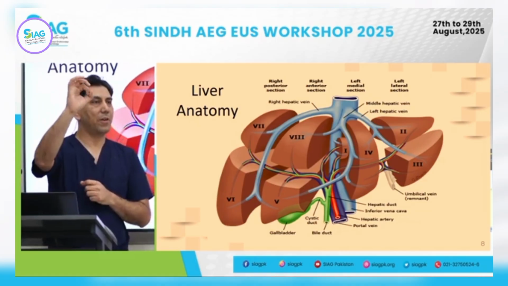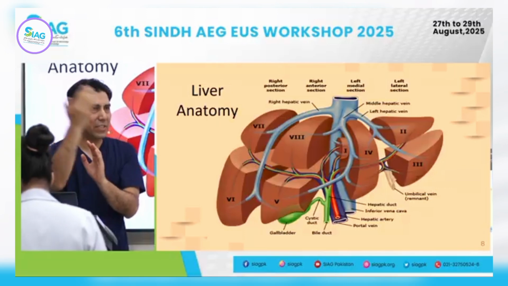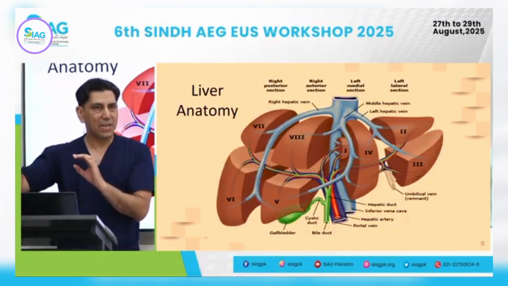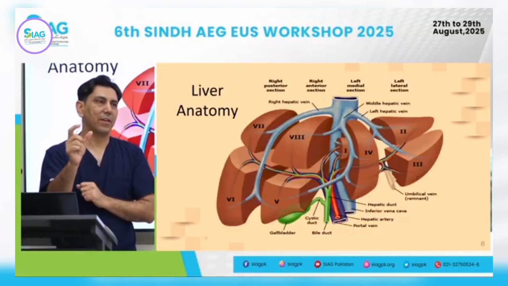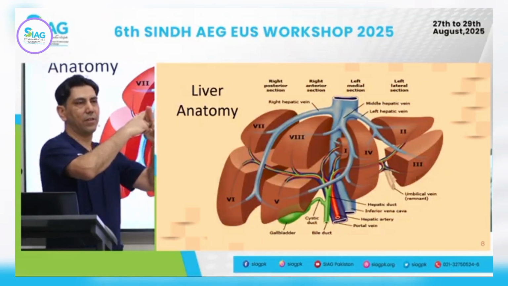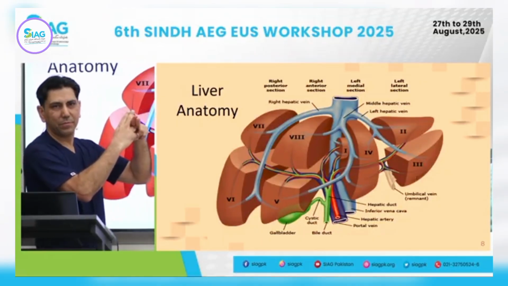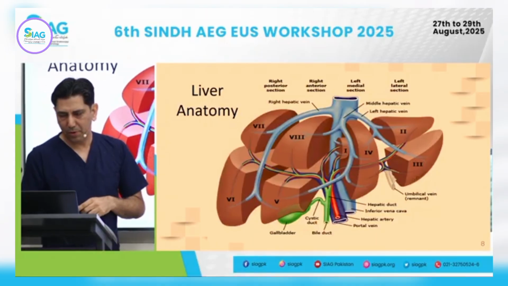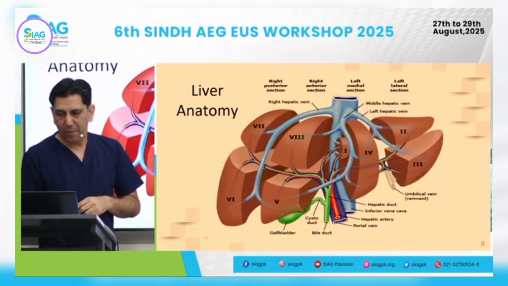You're only going to see a section of the portal vein. Or if you're seeing the portal vein in its complete length, you're not going to see the hepatic vein, because they're perpendicular to each other. Make sense? So, an important thing to bear in mind.